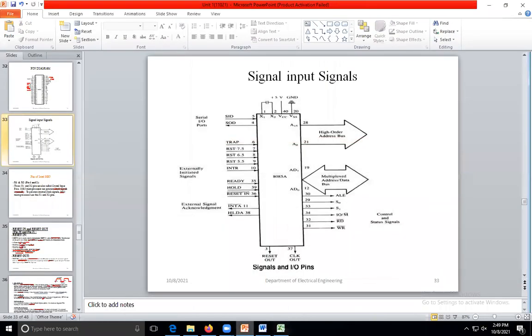Which one is remaining? Tell me which one is remaining. Nobody gives the answer.